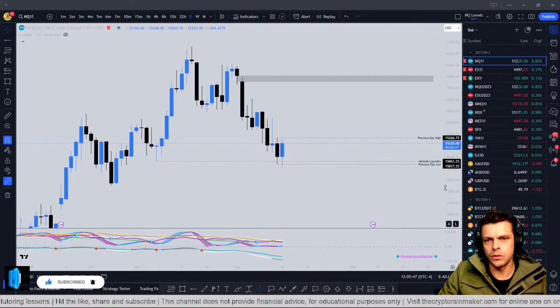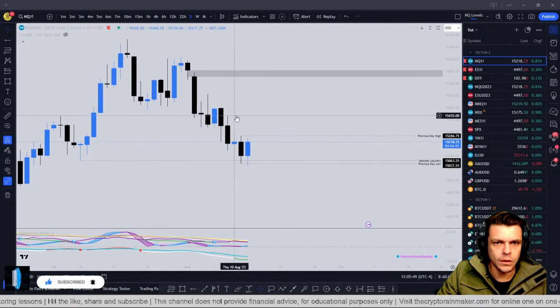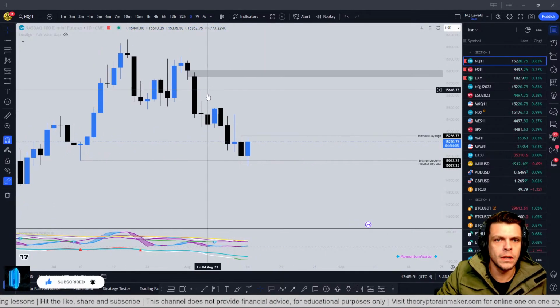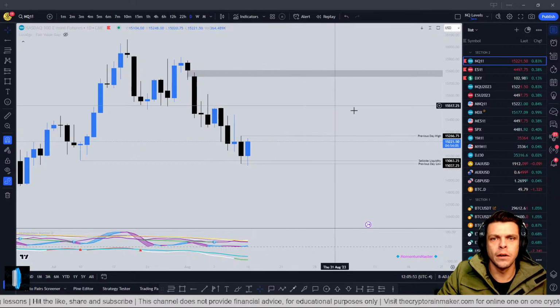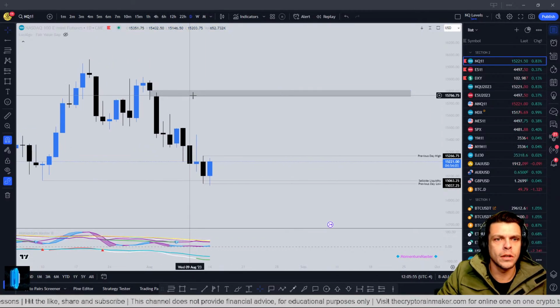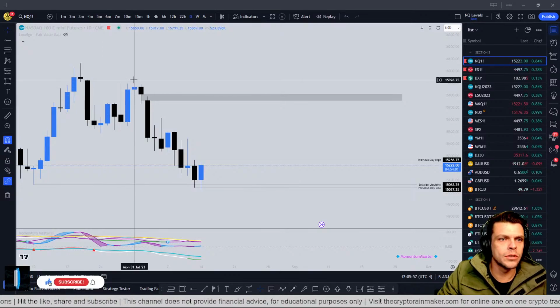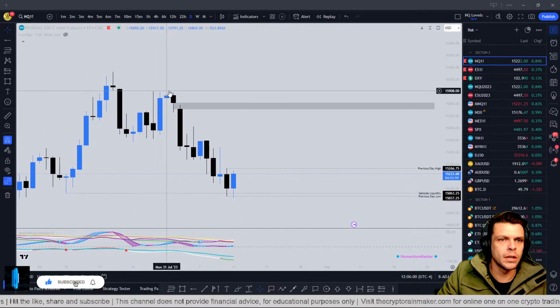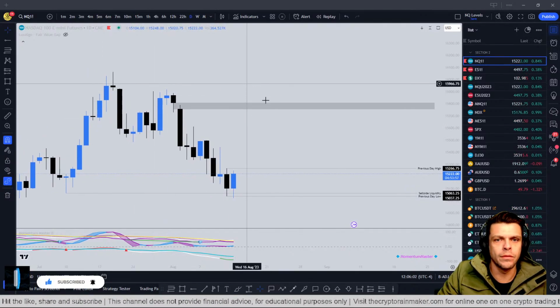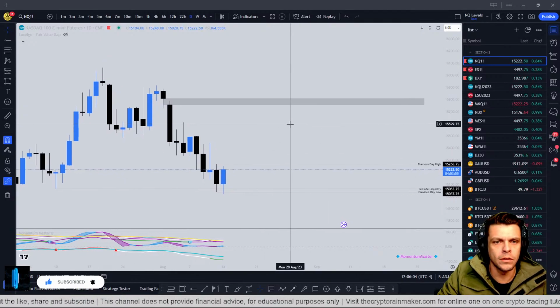So they might want to go and take out the buy side liquidity above this high, and then go and close the volume imbalance that we have here, and then potentially take out the external buy side liquidity right there before we have another bigger leg to the downside.